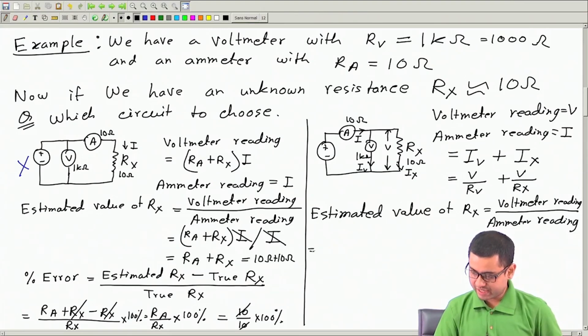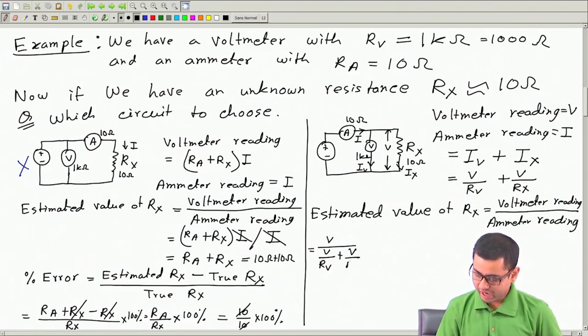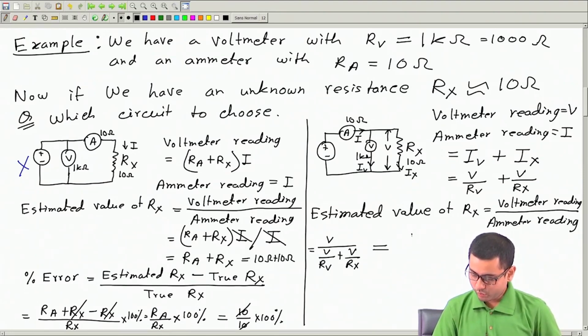And then we can write the voltmeter reading as V, and the ammeter reading is this quantity, V by RV plus V by Rx. So V you can cancel from numerator and denominator, so this will become 1 over 1 by RV plus 1 by Rx.